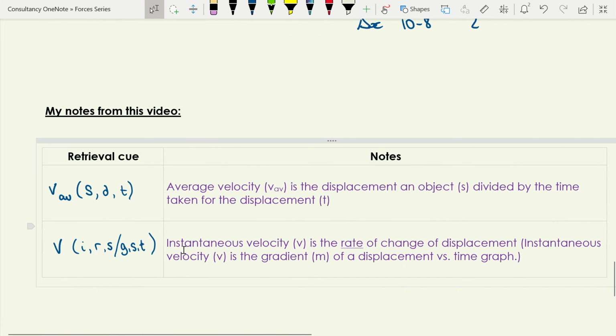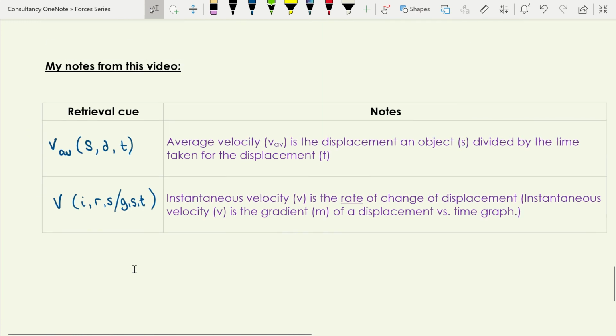Okay, so the final thing, as I do in a lot of the videos, we're going to look at the notes that I've taken from this video. So there's not much new that we needed to note down in this video, just the 2 types of velocity. And then again in here, we've got our cues to help us remember the keywords in future. So we've got that our average velocity, so that's our symbol, is displacement divided by time.